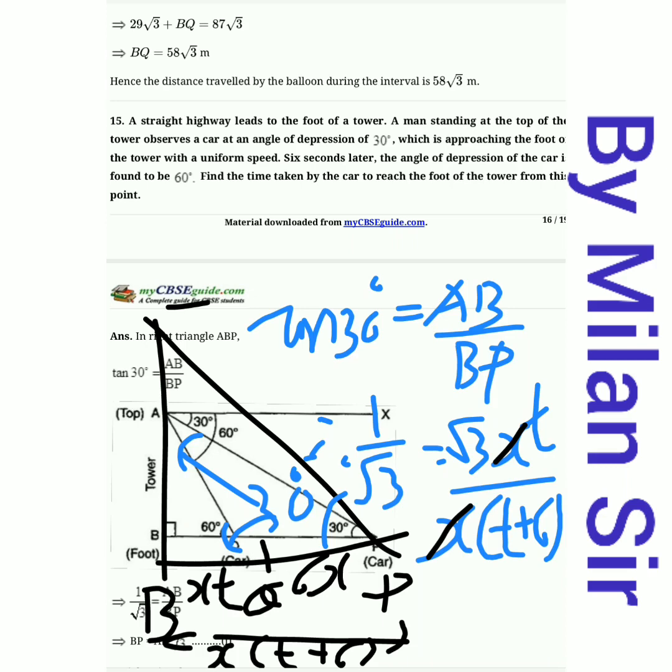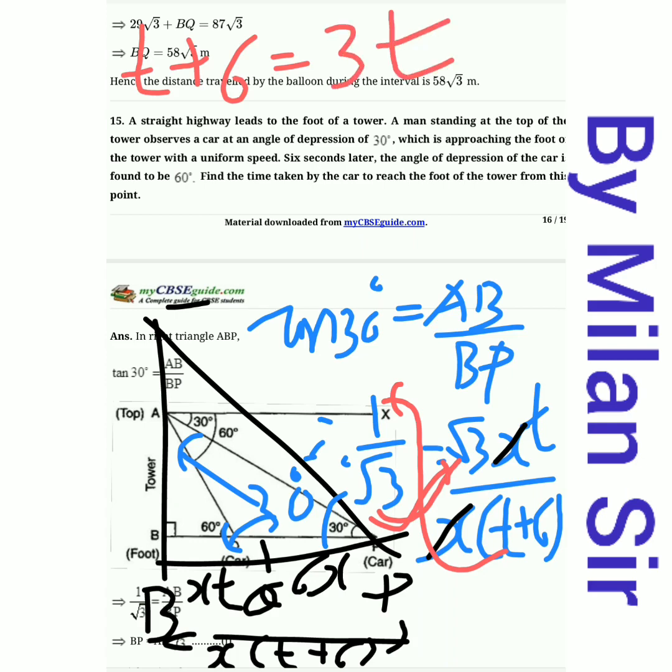So for finding out this t, just do the cross multiplication here. So this t plus 6 is transferred to the left hand side and under root 3 to the right hand side. So t plus 6 on the left hand side multiplied with 1, so it's t plus 6. Now under root 3 goes to the right hand side, so under root 3 into under root 3, only 3, and 1 t, right? So here 3t.